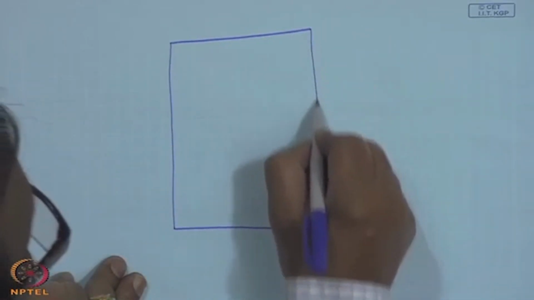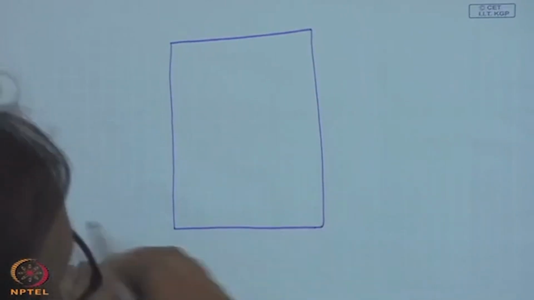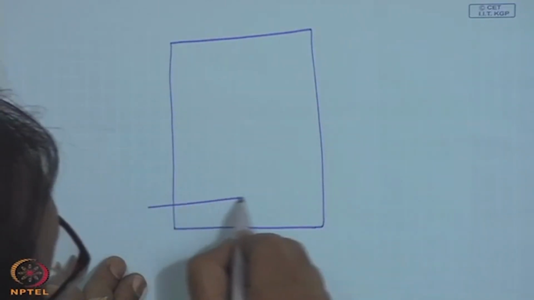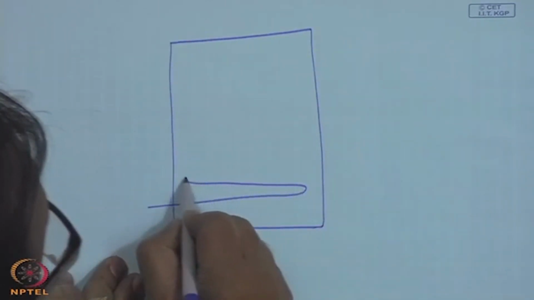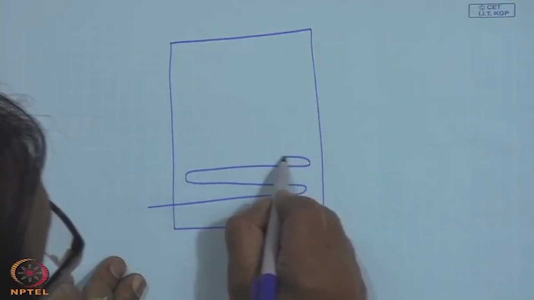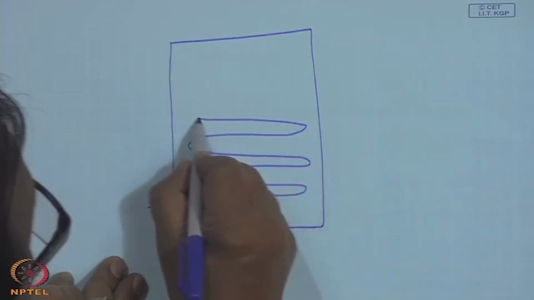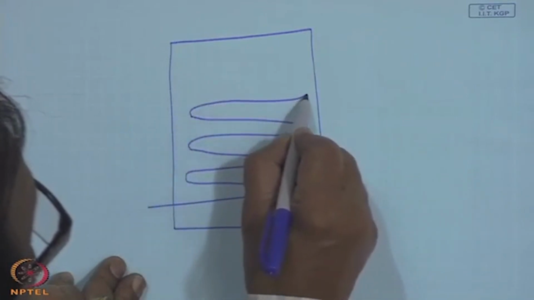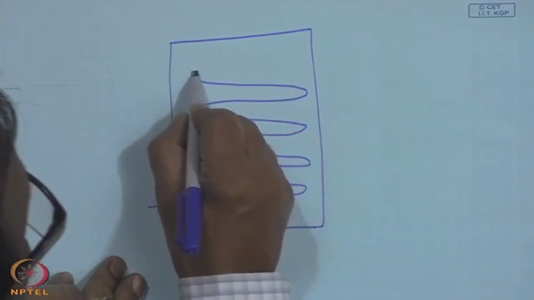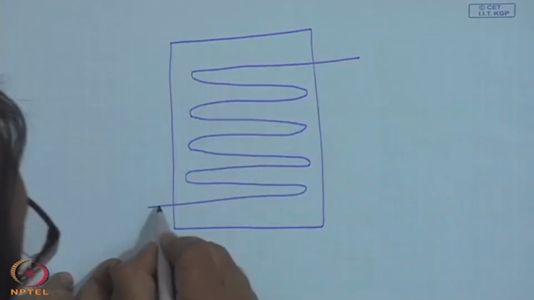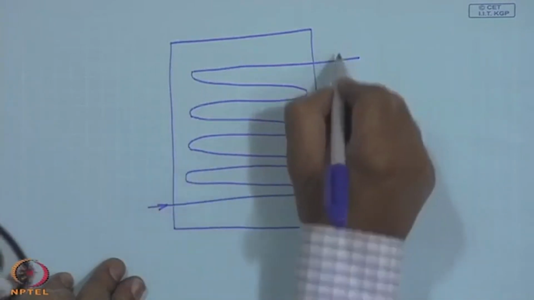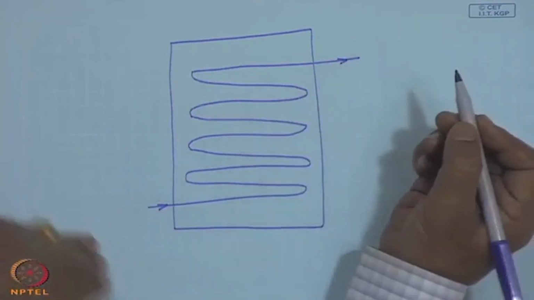You may have the entire absorber plate with a sort of serpentine tube arrangement soldered or welded to the absorbing plate and goes out. The fluid at low temperature may enter here, may leave here.